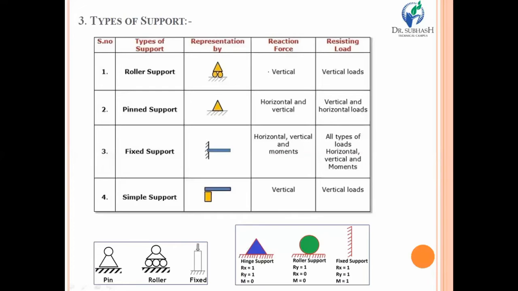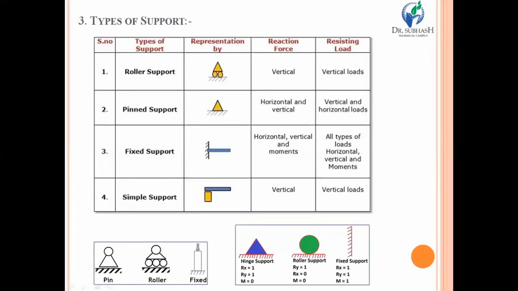So we can say that there will be no horizontal reaction. But on the same roller support, if you apply a vertical force in the downward or even upward direction, what happens? The roller support does not move in the vertical downward or upward direction. So it clearly means that it will offer resistance. This is the fundamental of the reaction calculation.